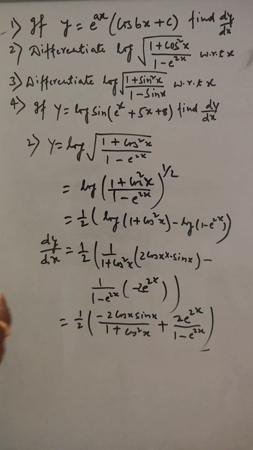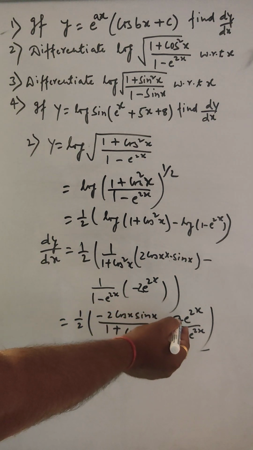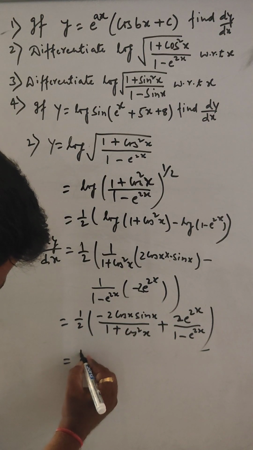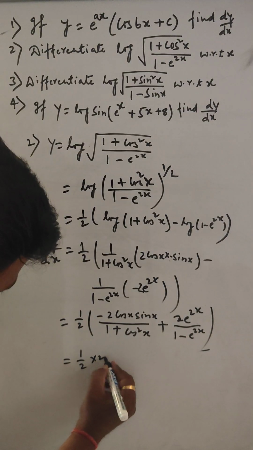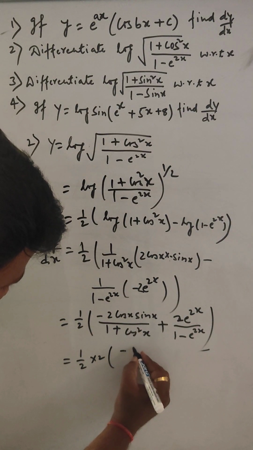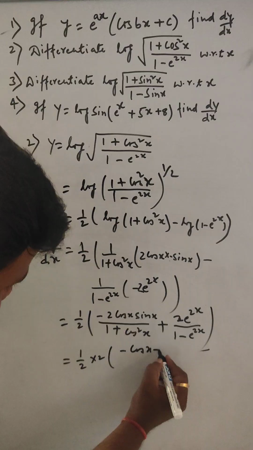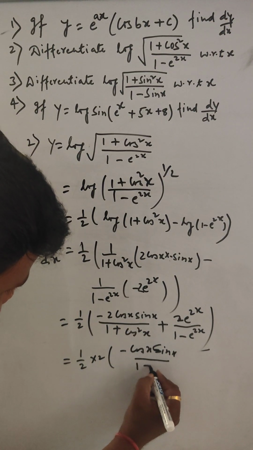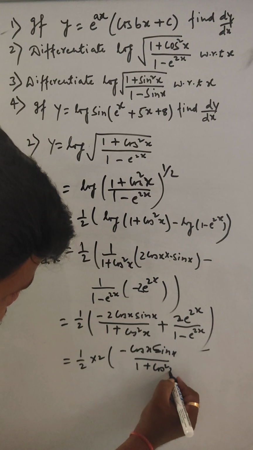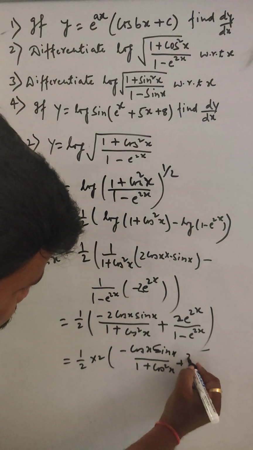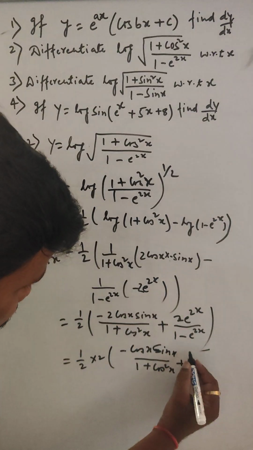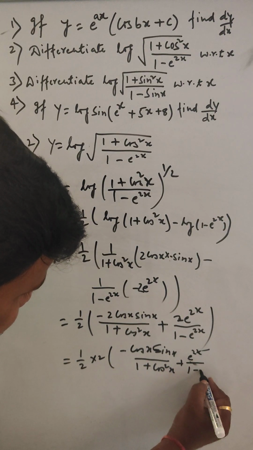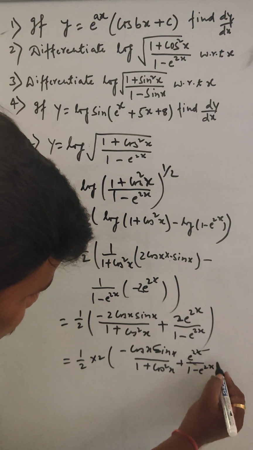so what we can do better, like here 2 is there, right? We can bring this 2 common. So here 2, here 2, and here minus cos x sin x and 1 plus cos square x plus 2 here e to power 2x, 1 minus e to power 2x.